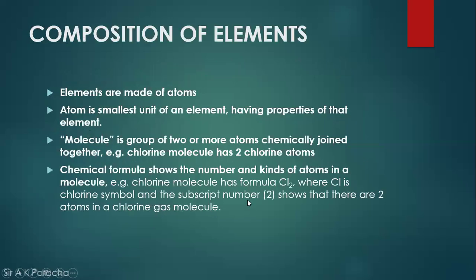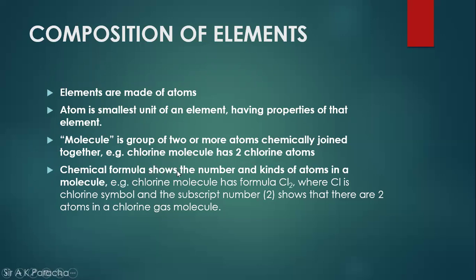Elements are made up of atoms. An atom is the smallest unit of an element having the properties of that element. A molecule is a group of two or more atoms chemically joined together. For example, a chlorine molecule has two chlorine atoms.